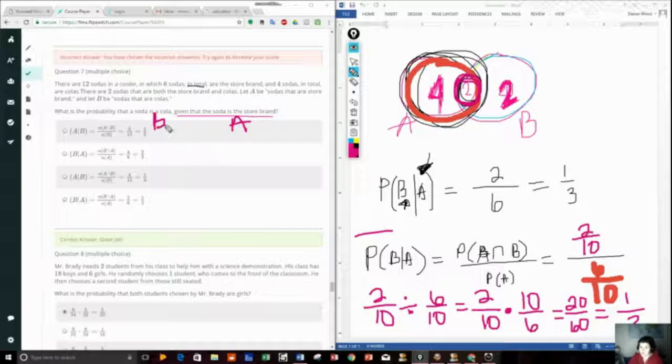So I'm looking for something that says B given A. So this out of these two choices.